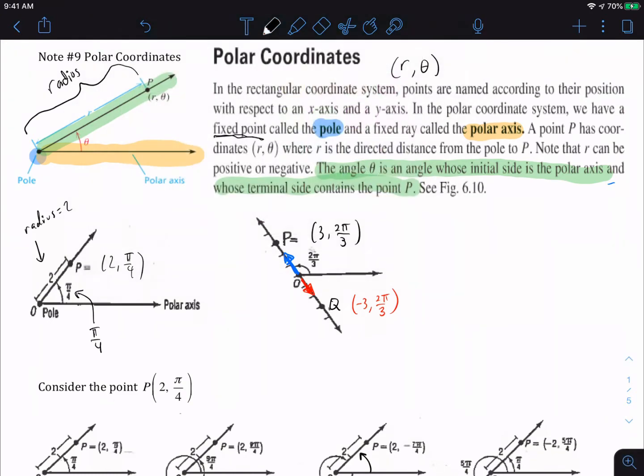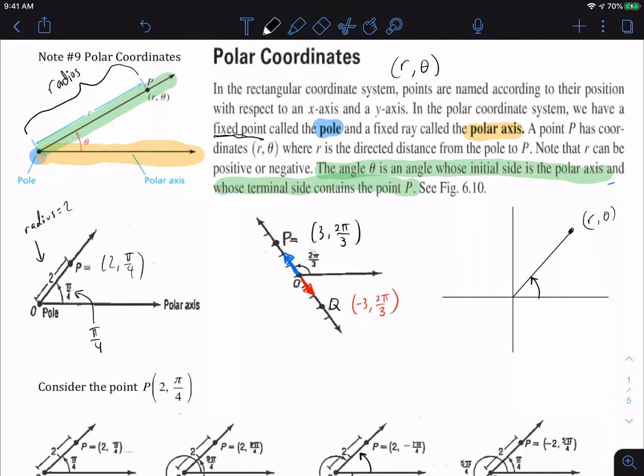Let me just show that to you guys real quick, because I want you to be able to understand that clearly. If I have some angle and it goes this way, see how it terminates and I create an angle. This point right here is going to be whatever my radius is and the angle.